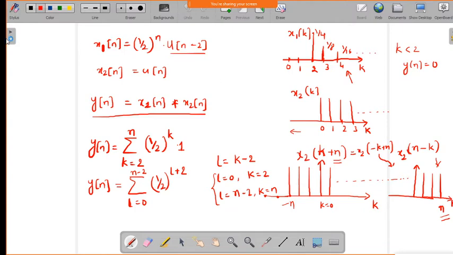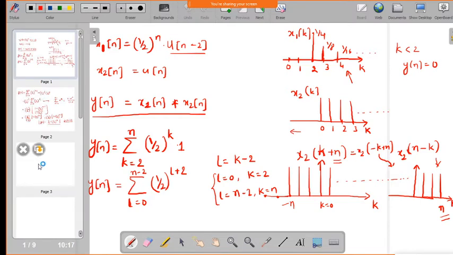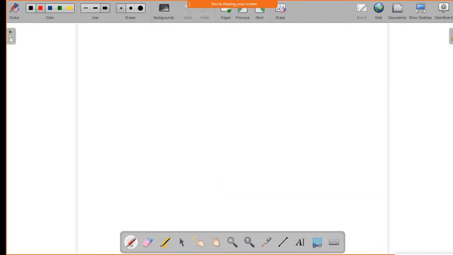So this problem you have understood, right? Any doubt in this? Okay. So now if you recap the first unit, first we did the classification of signals.